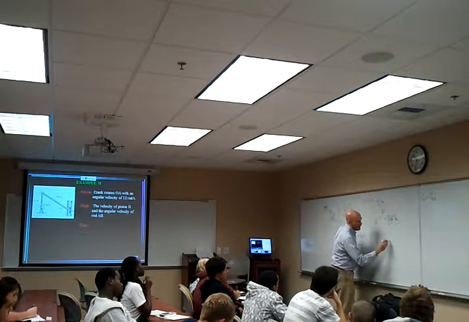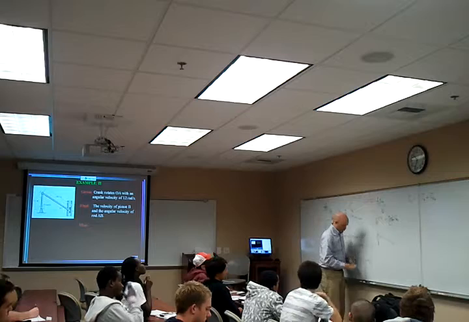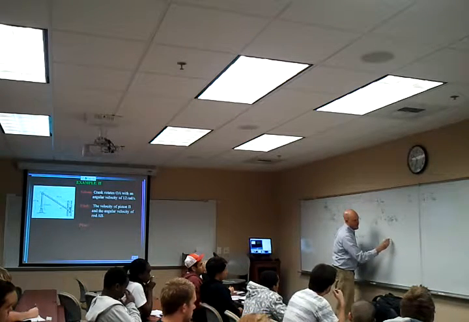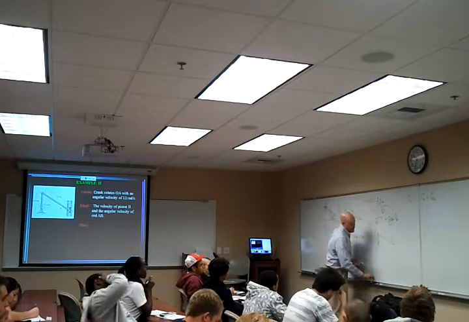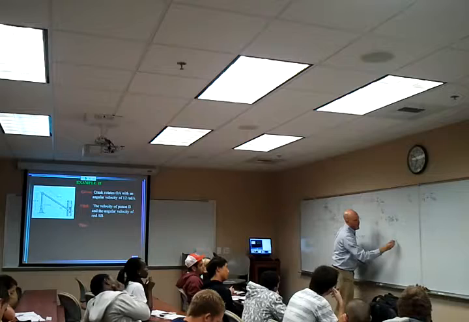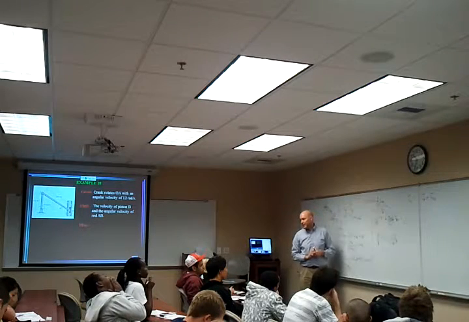So if we draw it really like this, this is VB, and this is perpendicular, VB with respect to A. Any question about what's 30 degrees?